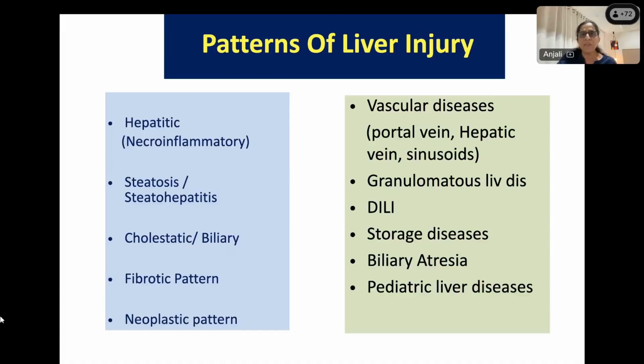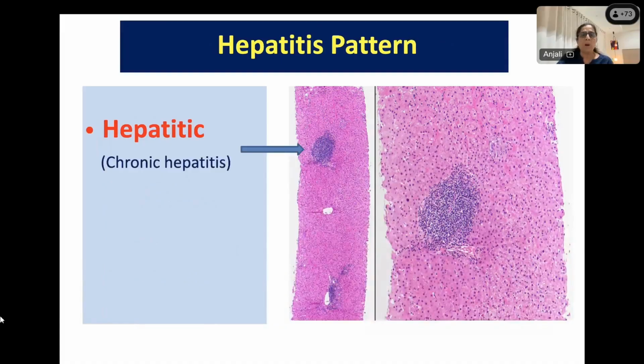So other patterns are vascular patterns, granulomatous liver disease, drug-induced liver disease, storage disease, especially in pediatric age group, biliary atresia, neonatal patients, and various pediatric liver disease. So these are various patterns of liver disease. Now, we are concentrating mainly on hepatic patterns, especially chronic hepatic pattern, and I have excluded rest all patterns.